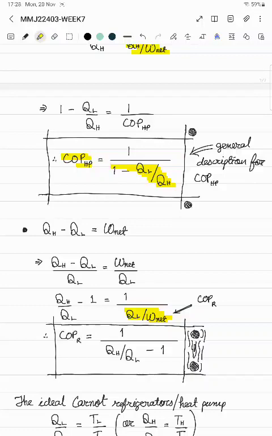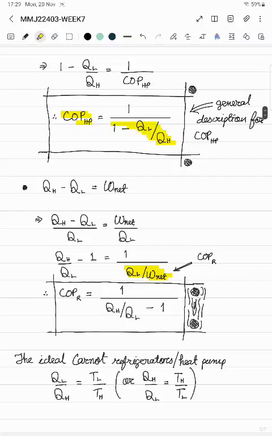The next one is for COP refrigeration, and if you divide the right hand side by Q_L, you will get the final form of COP_R, which is 1 over (Q_H divided by Q_L minus 1).